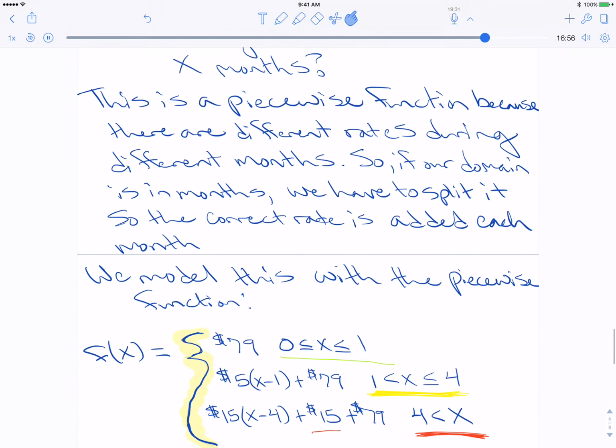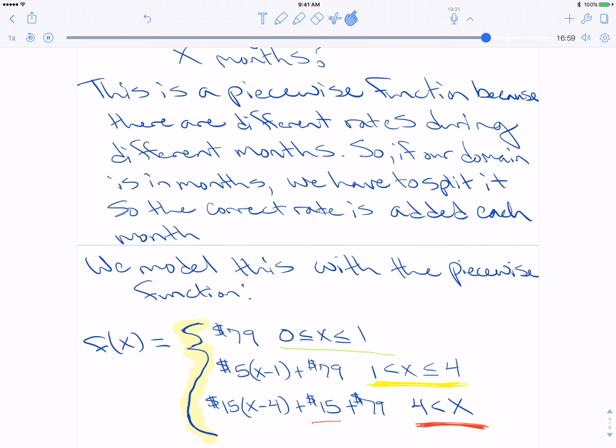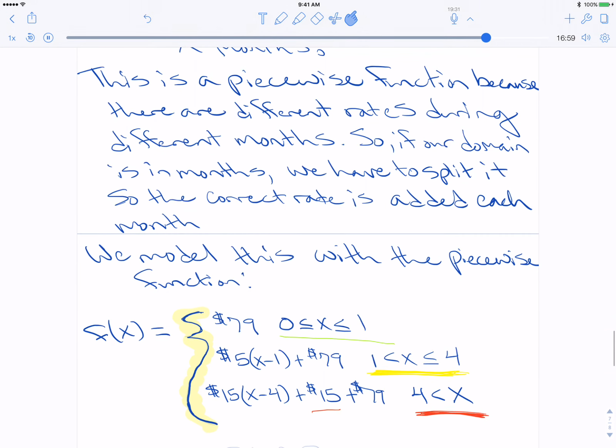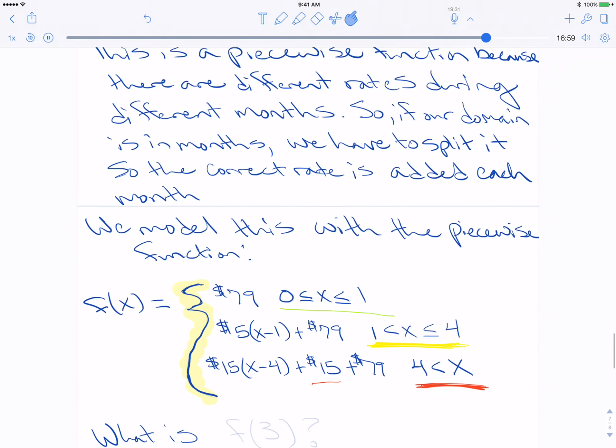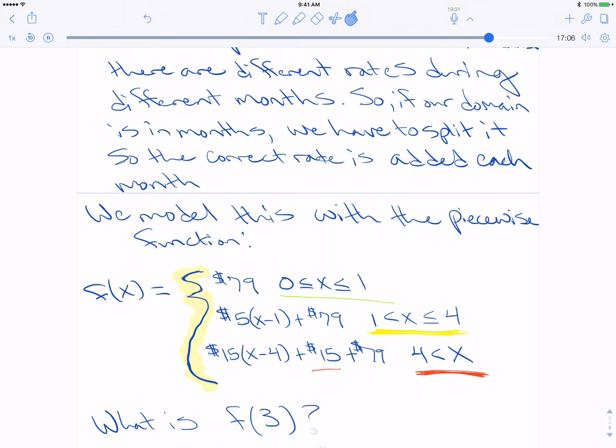Okay, great. Now we have the equation. What about evaluating it? So, what is, say, f of 3? Alright. Is 3 between 0 and 1, the green underlined section? No. 3 is not between 0 and 1. So I go to the next one. Is 3 between 1 and 4? Yeah, 3 is between 1 and 4. Cool. Okay. So then I use the equation that corresponds to the yellow underline here.